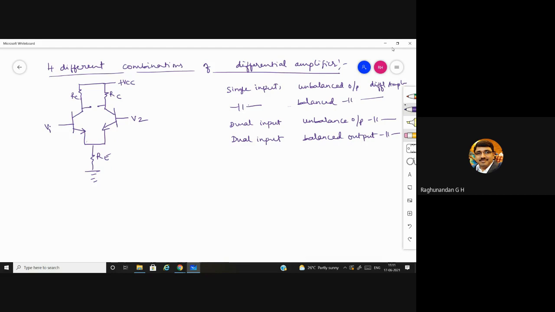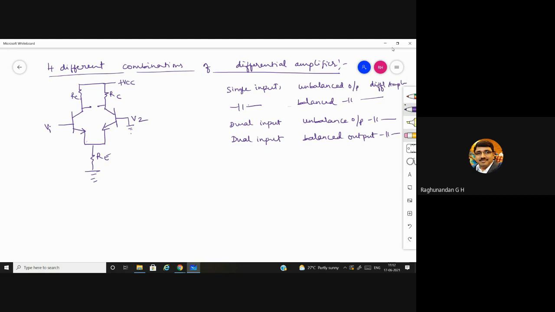Single input means we are going to give input to only one terminal and the other terminal is grounded. Here V1 is given as input, and for the other base we have grounded it. So this indicates this circuit is getting only a single input. If both V1 and V2 are given, then we say it has two inputs. But here, since it is given only V1 and V2 is grounded, it is single input.